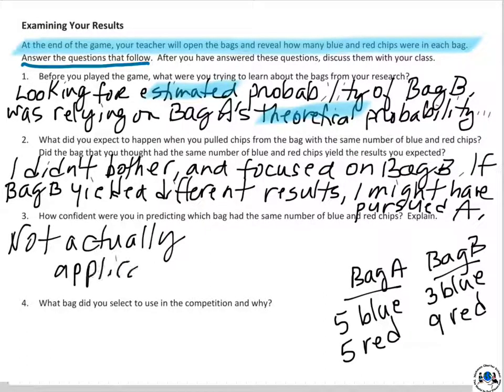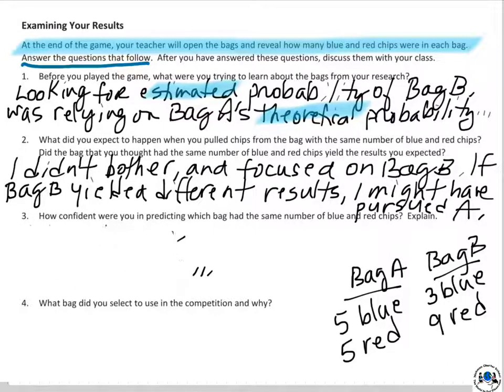Number 3 asks, how confident were you in predicting which bag had the same number of blue and red chips? Explain. Well, not actually applicable. I'm not sure why I wrote that, because I felt pretty confident. Bag B had yielded such a slanted result: when I did my 20 pulls, I had 5 blue and then 15 red.